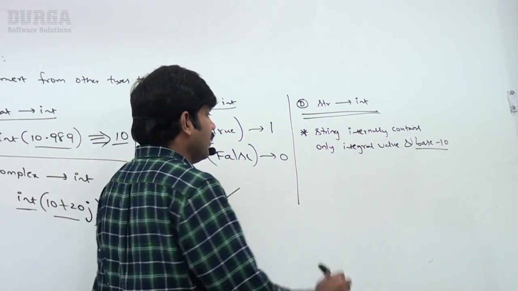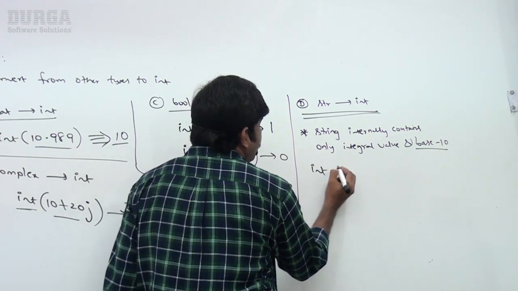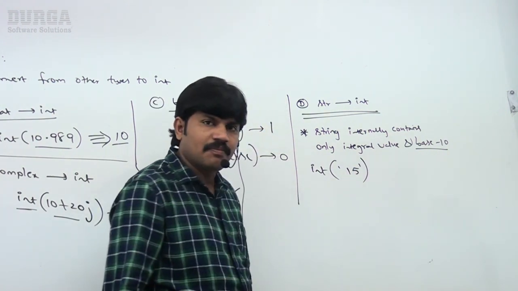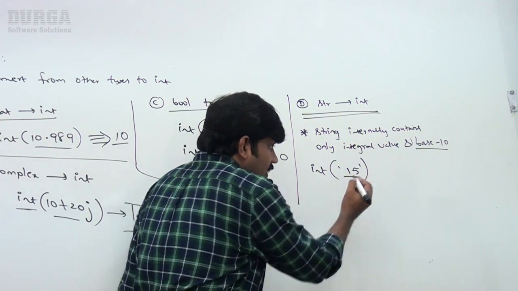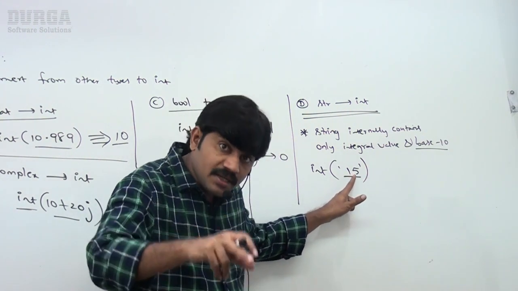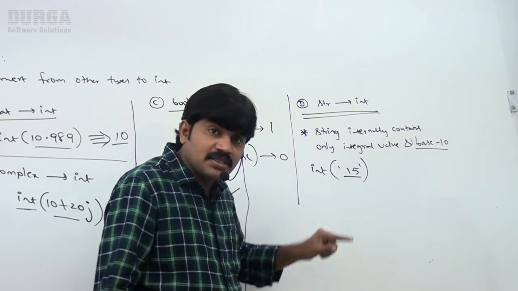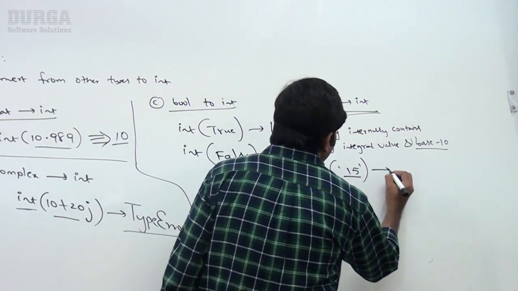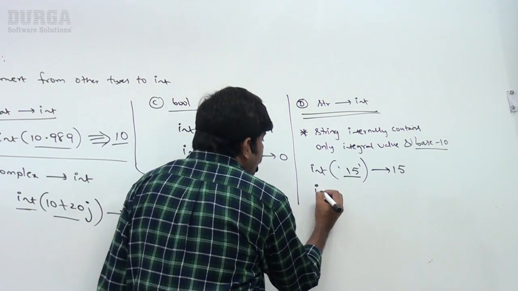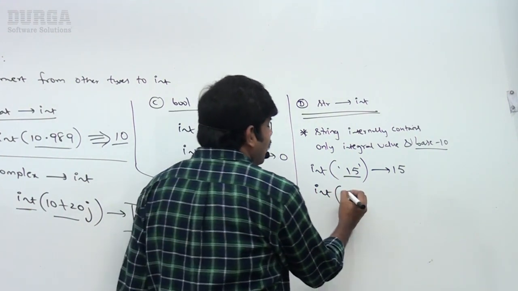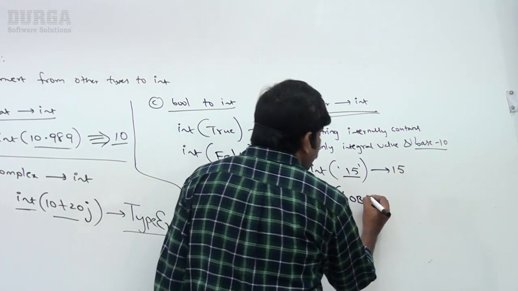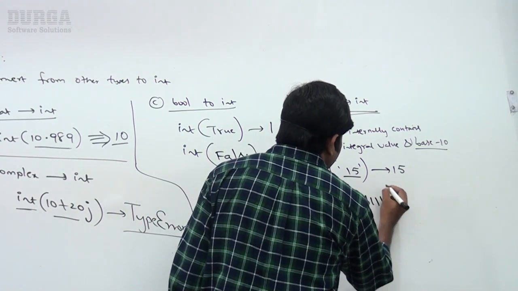Okay, well, sir, int of '15' I am taking. 100% valid. Even though it is a string, internally it contains an integral value, which is in base 10 only. Now what is the value, sir? 15 is the answer. Suppose I take int of '0b1111', like this.